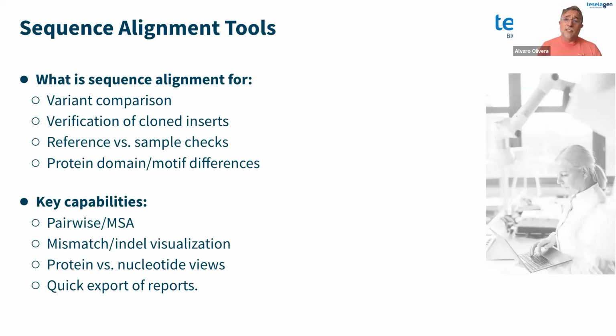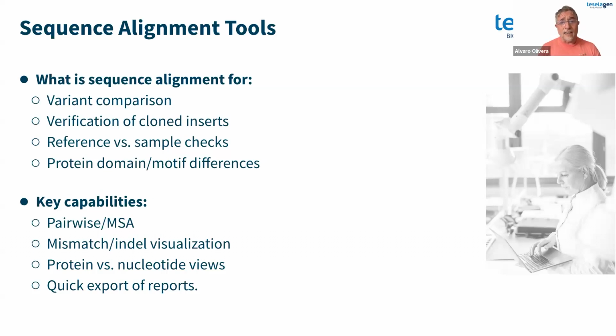The Teselagen alignment tool enables both pairwise and multiple sequence alignments, and we can clearly visualize mismatches and indels there. And we can also switch between nucleotide and protein views, depending on the level of detail required and the type of alignment we select.